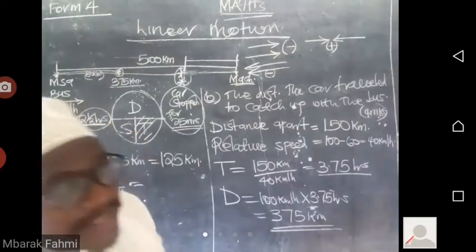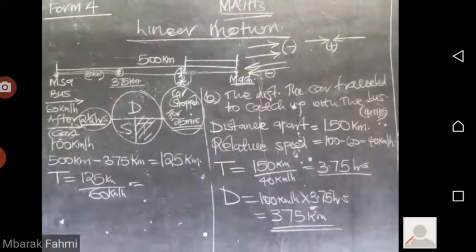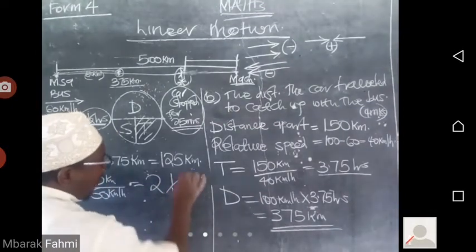So from there we can get the time it will take for it to reach Machakos. 125 divided by 60 is going to be 2 and 1 over 12 hours.